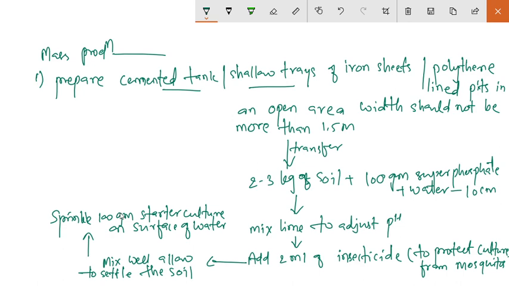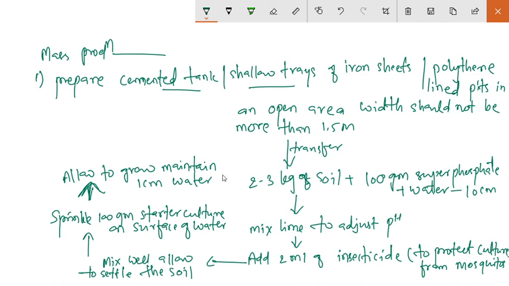So this is allowed to grow. Then maintain 1 centimeter water, म्हणजे कमीत कमी 1 सेंटीमीटर वॉटर त्या ठिकाणी राहिलंच पाहिजे.